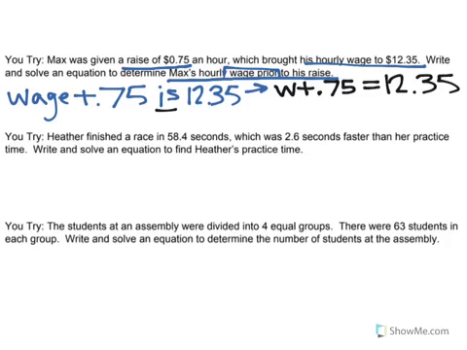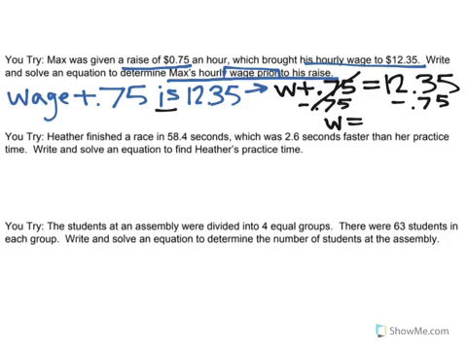So if we subtract 0.75 on both sides, those are going to zero out on that side because 0.75 minus 0.75 is just 0. So we'd have W plus 0, or just W on that side. And then we have 12.35 minus 0.75.